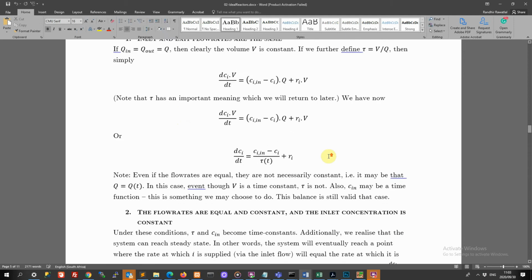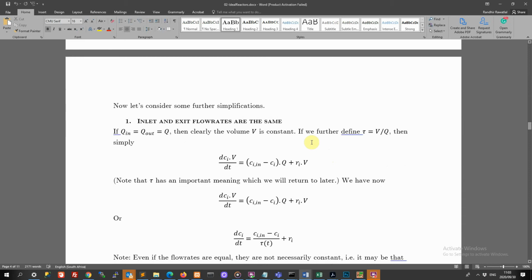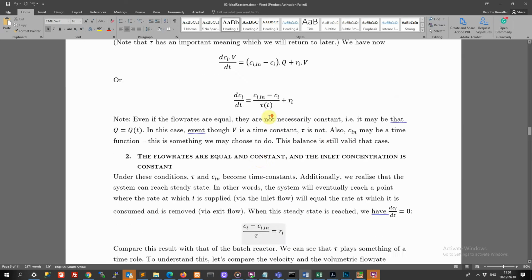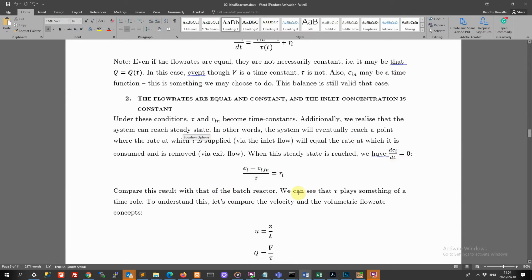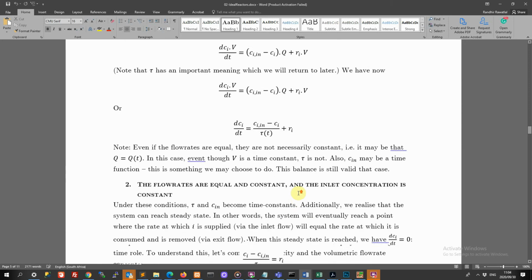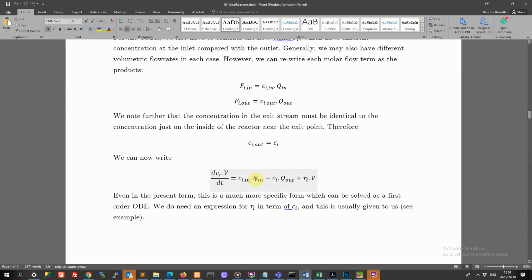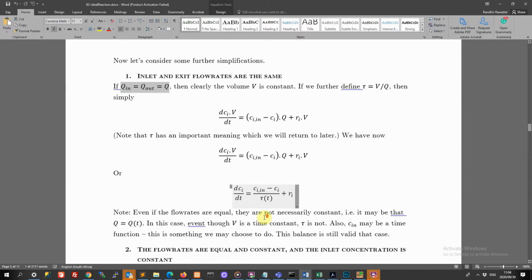When developing the steady state equation, we had made the assumption that Q in equals Q out equals Q. Anyway, you get what I'm saying. We had used that approximation Q in equals Q out equals Q, and then we could divide by V and rewrite in terms of the space-time. So, well, here it is. Right, so that was the approximation that we made in order to develop these nice balances.